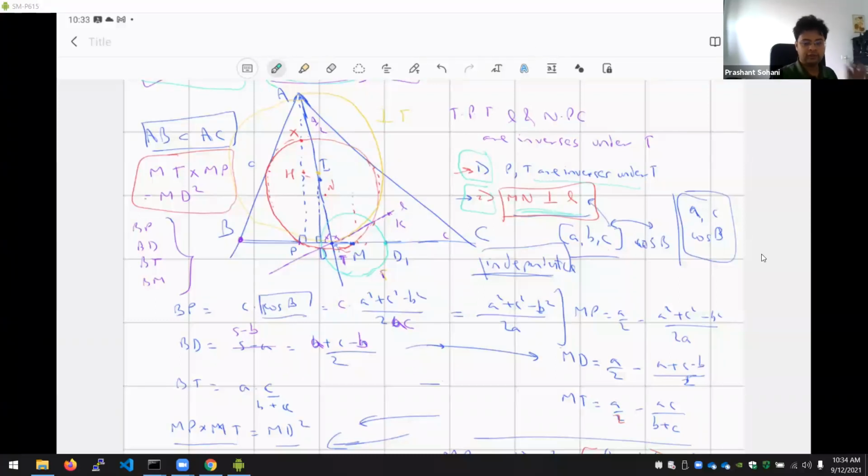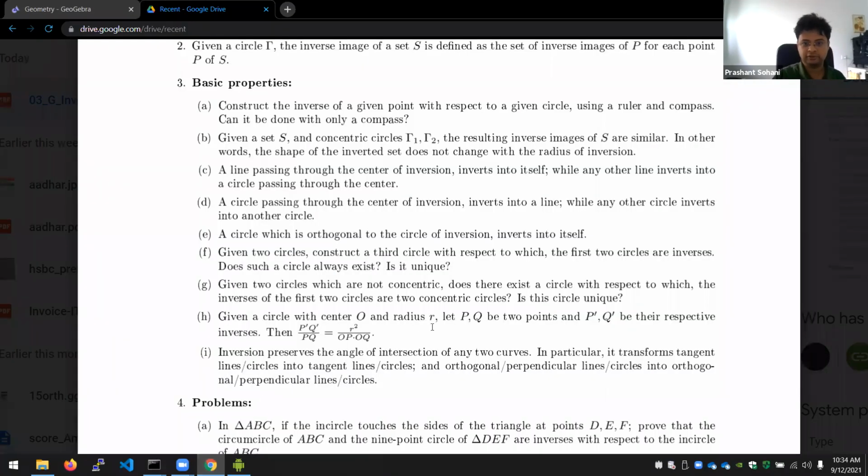Okay, so with that we have completed the theory of inversion, and now we can turn to some actual problem solving. Let me just check if there are any other properties that we should know in advance. So question H was the calculation one which I left as homework, that if I actually have a circle, how can I find the radius of the inverse circle and things like that.